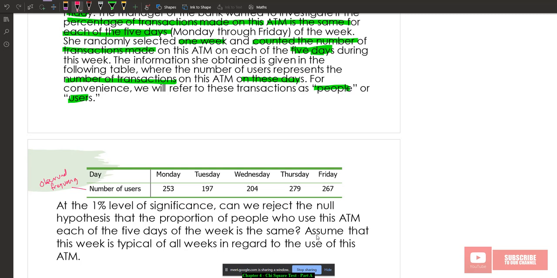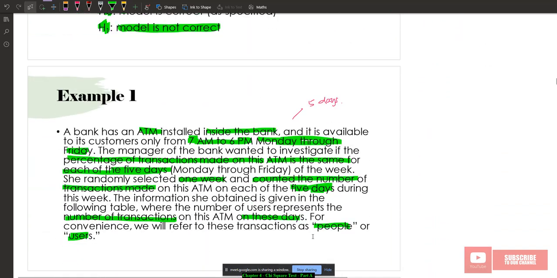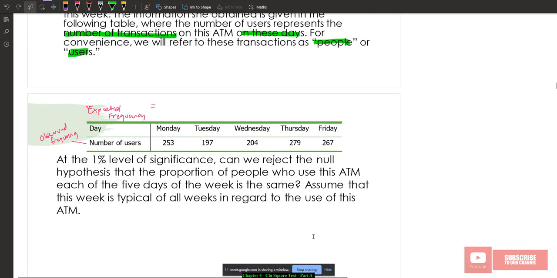right? So now if you want to calculate the expected frequency, the formula for expected frequency, if you look at my previous slide, is n multiplied by p, where n is the number of observed frequencies multiplied by the probability for each day, right?